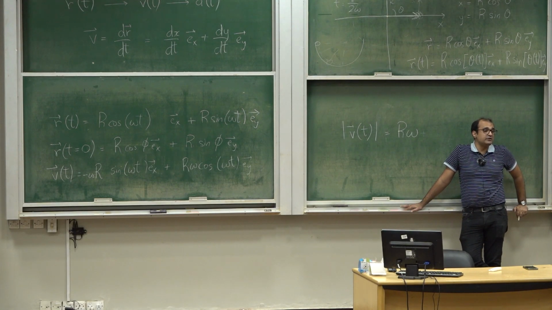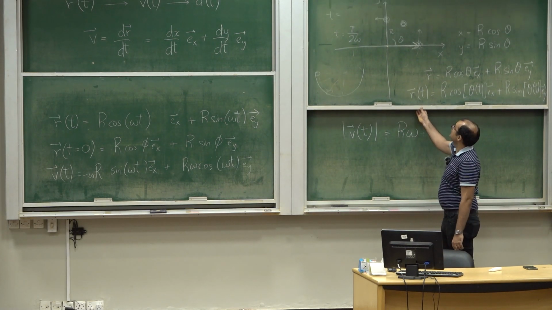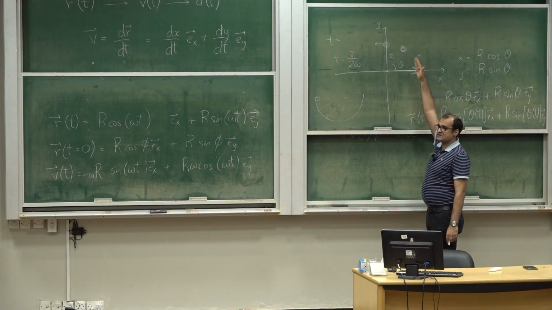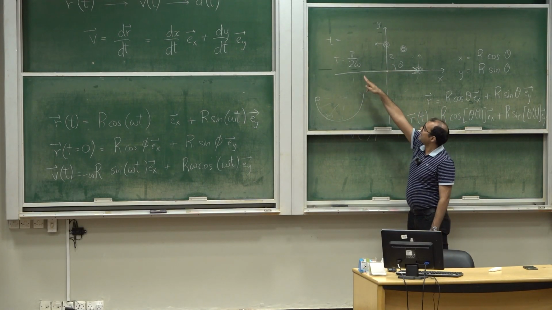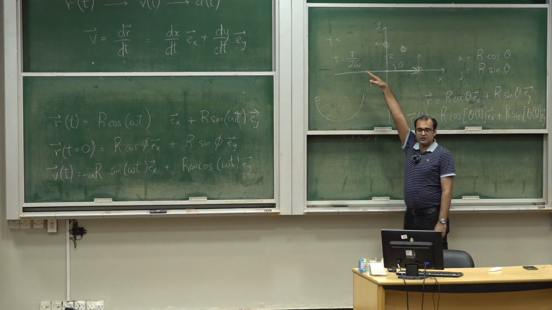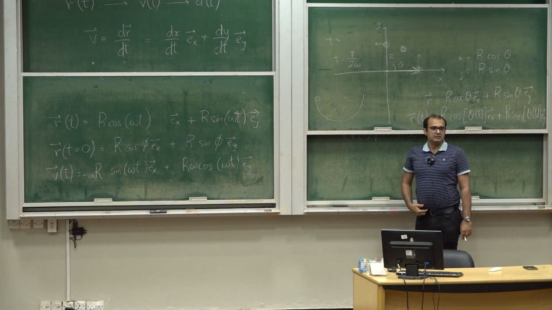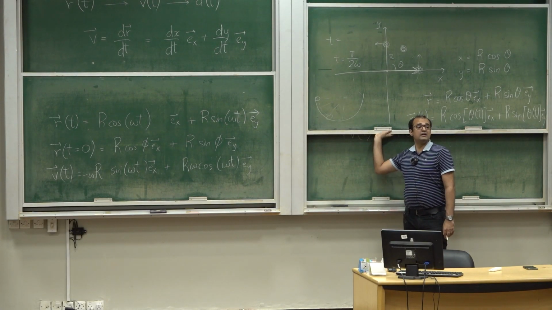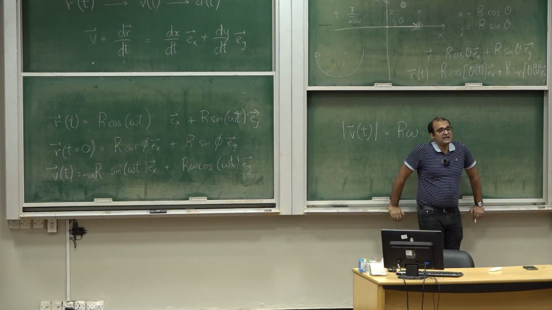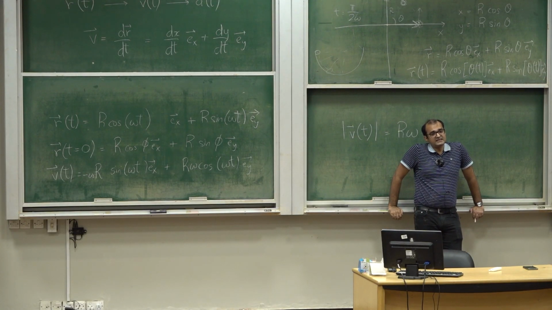That does not mean that the velocity vector does not change. That was already obvious from this diagram. At t is equal to 0, that's your velocity vector. At t is equal to pi over 2 omega, your velocity vector is horizontal. That means you can have a non-zero acceleration vector, because the acceleration vector will only be 0 if the velocity vector remains constant.